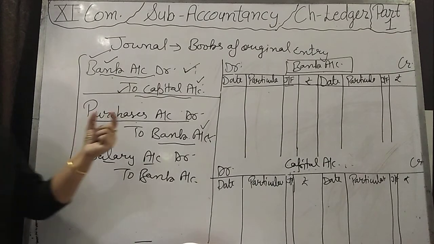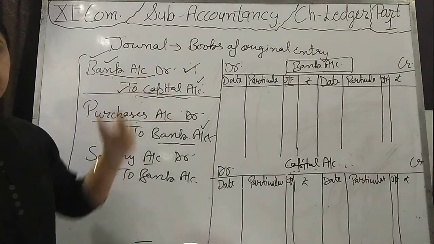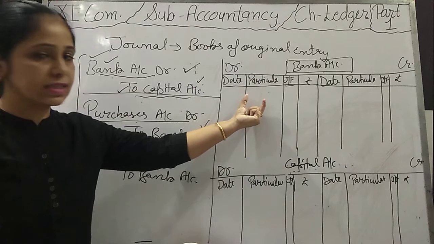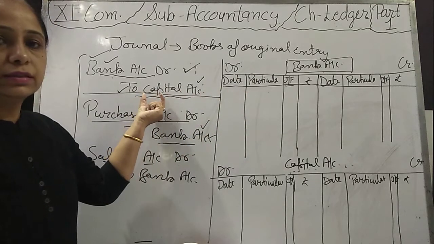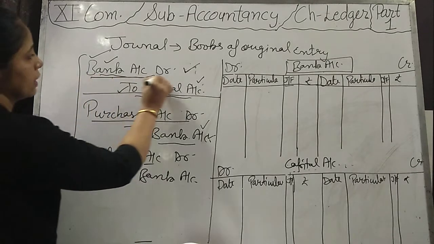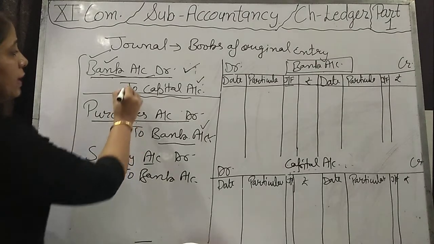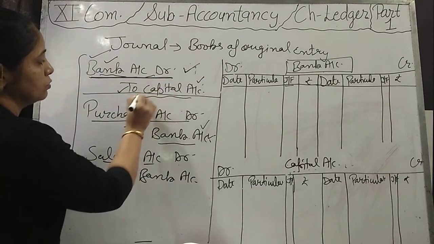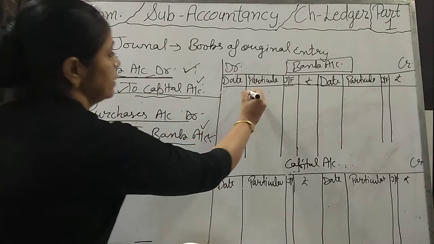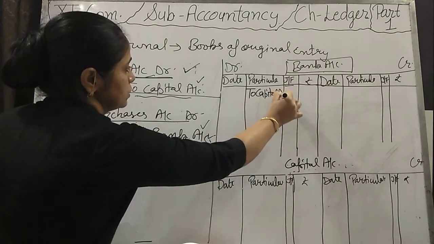Okay, so see carefully. In the first journal entry, bank account is debit. So in bank account, on the debit side we will write to capital account. Why? Because of what is the bank account debit? Because of capital. So on the debit side we will write to capital account.